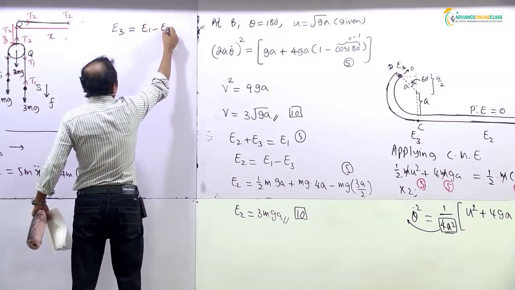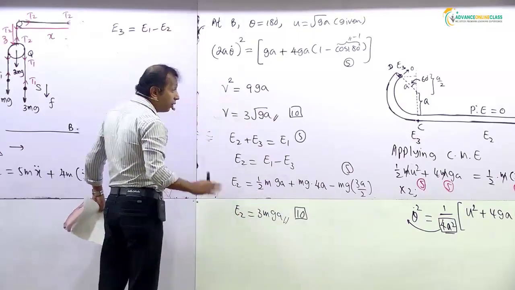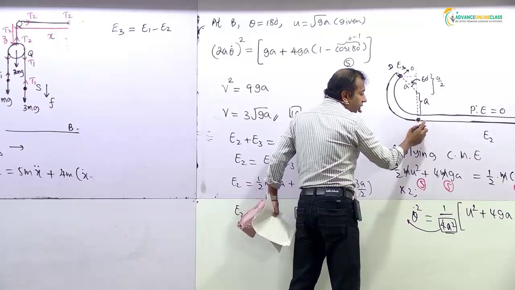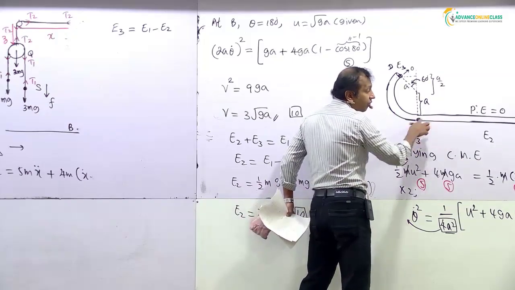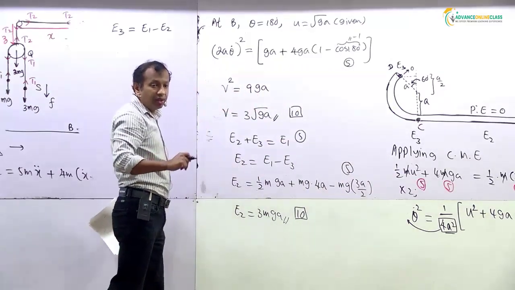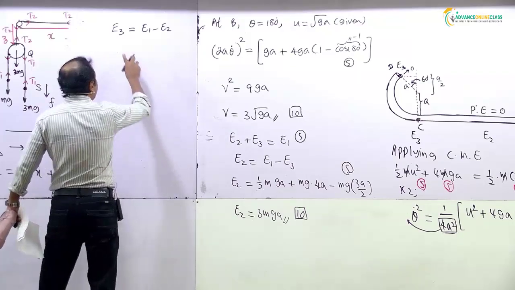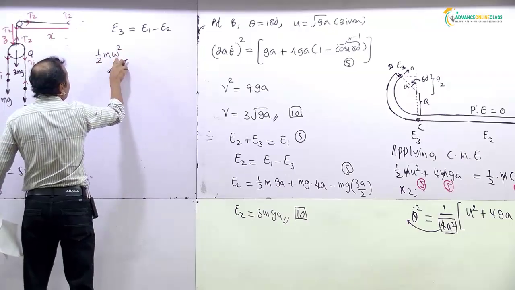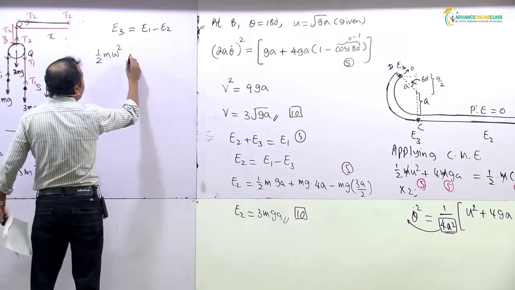When the particle is at C, energy E3, it has no potential energy because it is the potential energy 0 level. It has only kinetic energy. Am I correct? Yes. Then here I can write half m w squared. w is the velocity of the particle when it passes C, right?